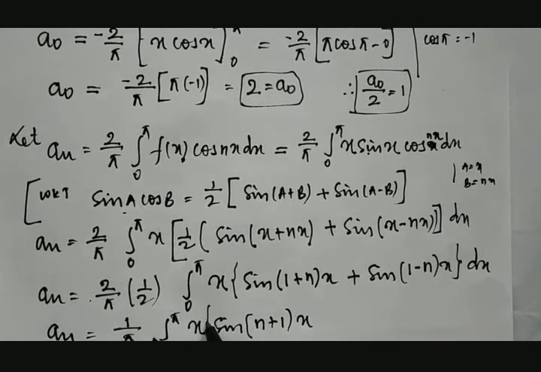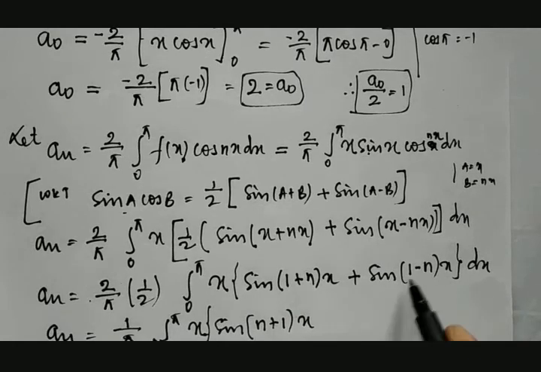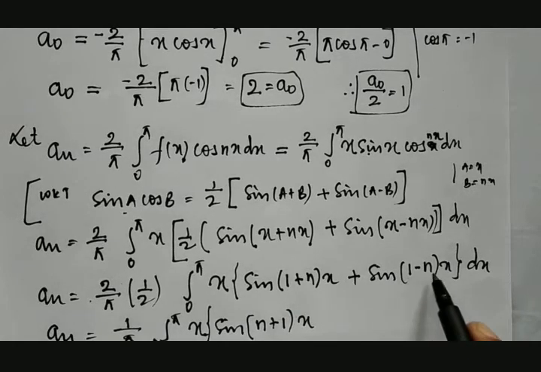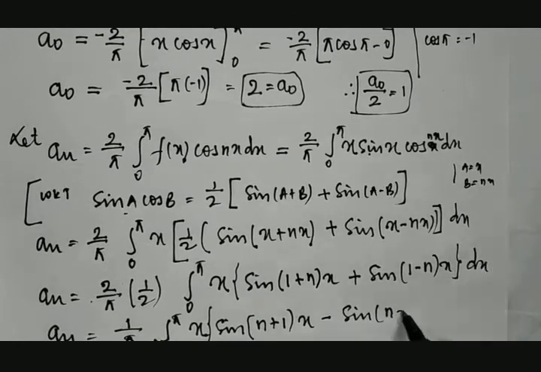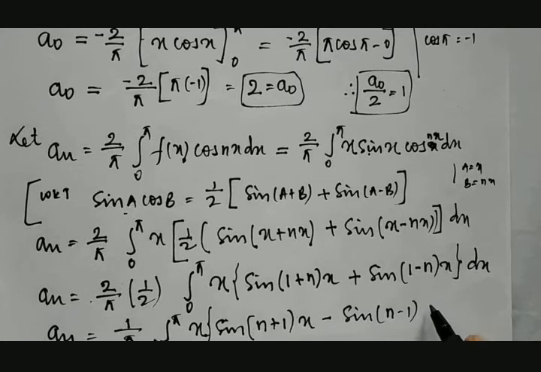Then here if I make 1 minus n as n minus 1, then automatically I'll be getting minus out. So it is minus of n minus 1 of x with respect to x.